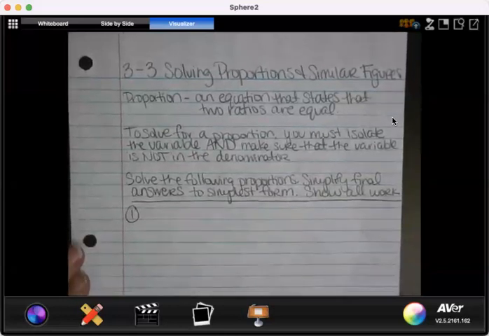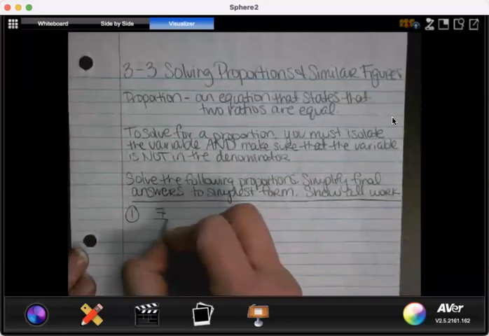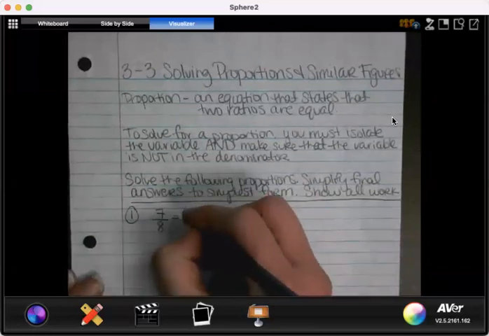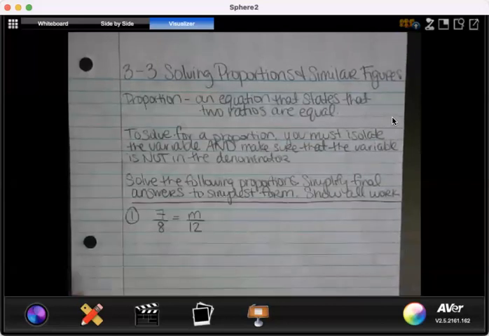So for number 1, we have 7 divided by 8 as a fraction, because we're dealing with ratios here, equals m divided by 12.